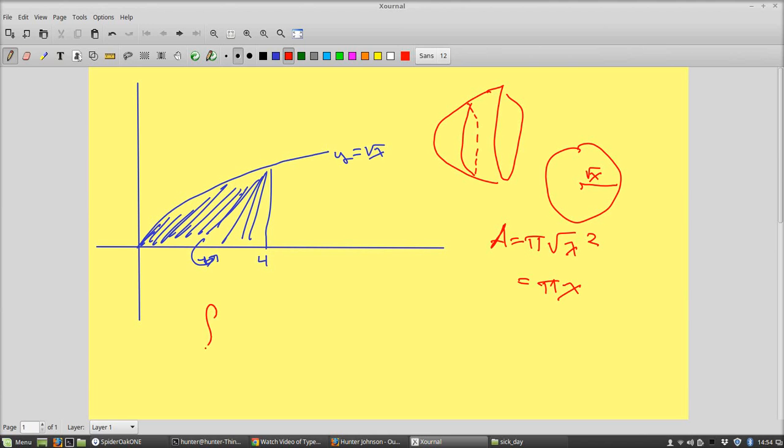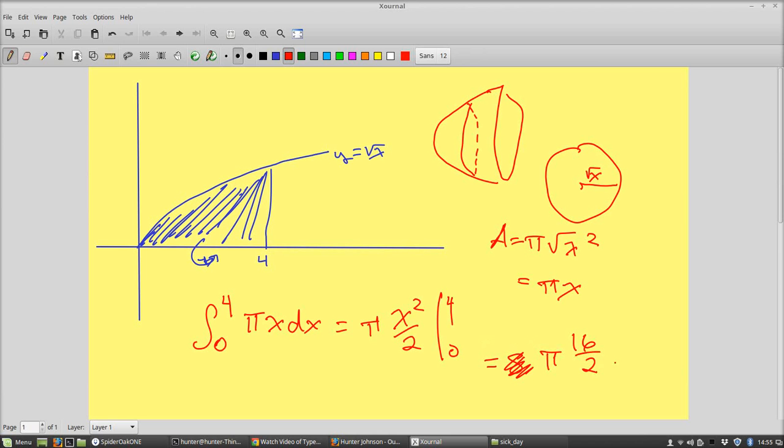And so the volume of this solid is the integral from 0 to 4 of pi times x dx, which is pi times x squared over 2 from 0 to 4. So what is this? 8 pi. Is that right? Better go more slowly. This is pi times 16 over 2, which is 8 pi.